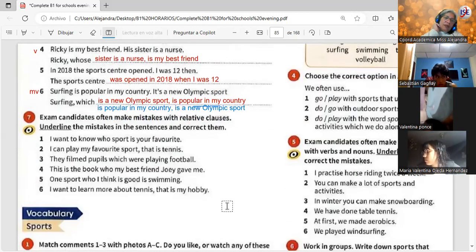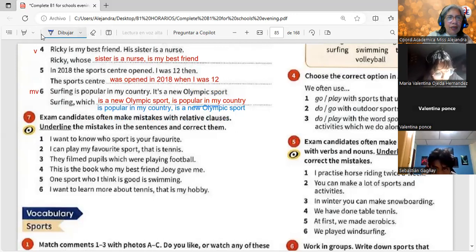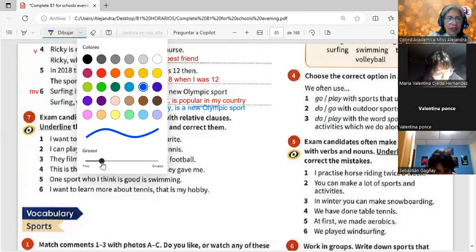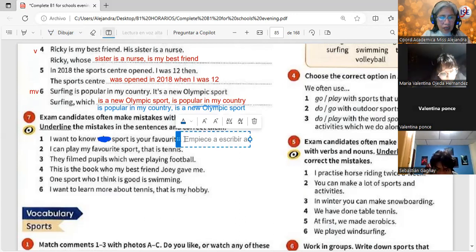Okay, Sebastian, what is the mistake in number 1? I want to know whose sport is your favorite. Which one is the mistake? The who is the mistake. So what corresponds here? Which, or that.